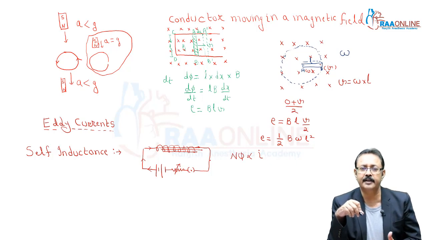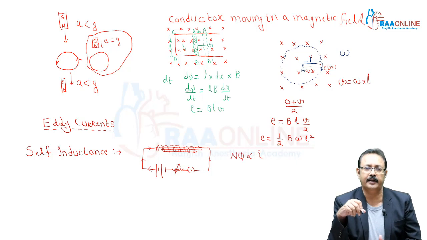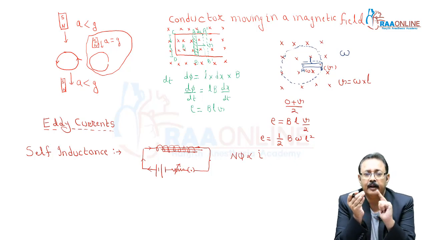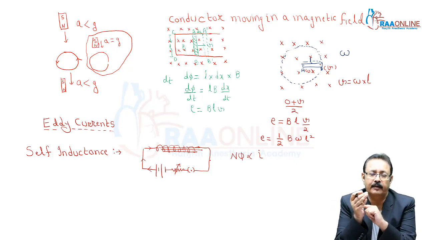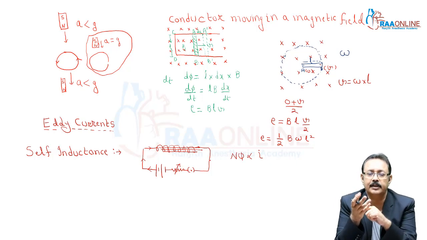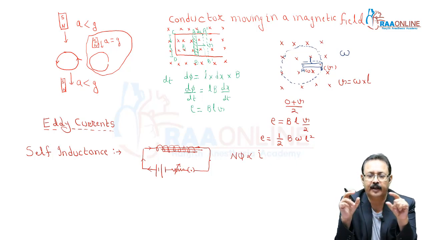Since its nature is to oppose the cause, if you are decreasing the current, it will support your battery. If you are increasing the current, it will oppose your main battery. But by changing the current flowing through a coil, we are getting one more EMF in that coil. This phenomenon is known as self-induction.